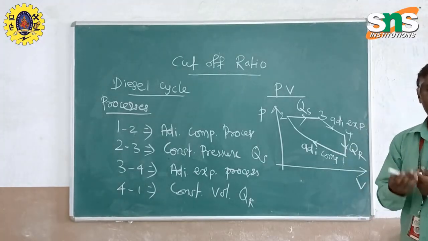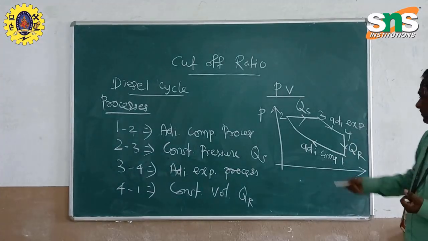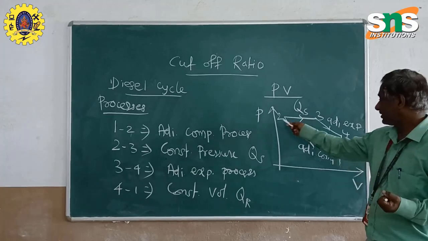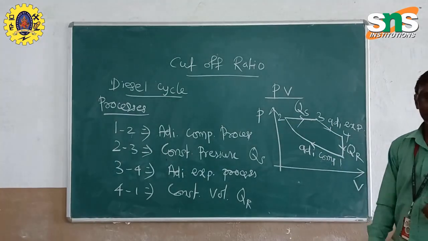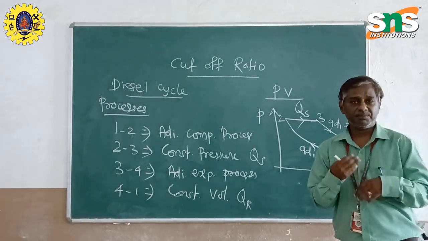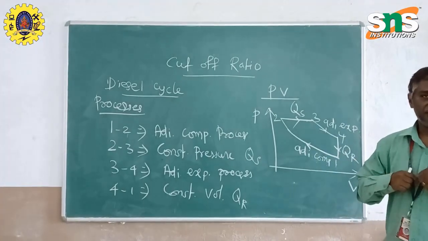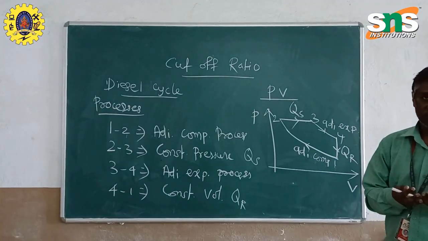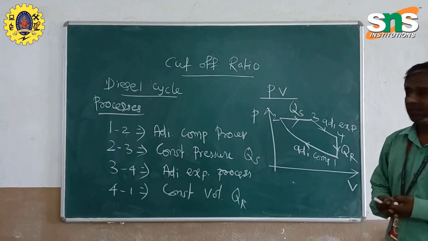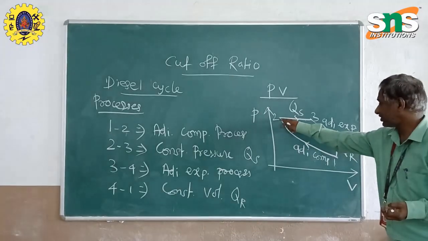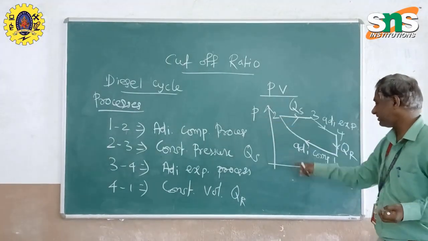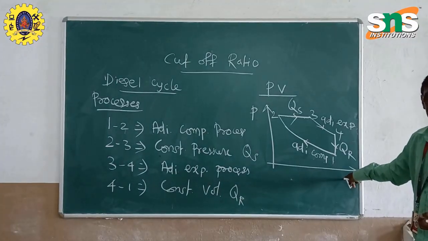We are supplying the heat through the fuel, but here the pressure is maintained constant while the volume increases. Whenever the heat is added, the temperature increases, and if the temperature increases, the volume also increases. So at constant pressure, the volume keeps increasing here.